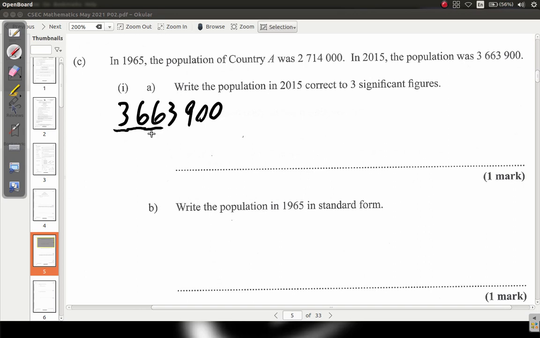They say 3 significant figures, so you're going right now. Now, remember the first significant figures are 366. But you can't go and tell anybody there are 366 people living in a country. You have to show the size of the number.